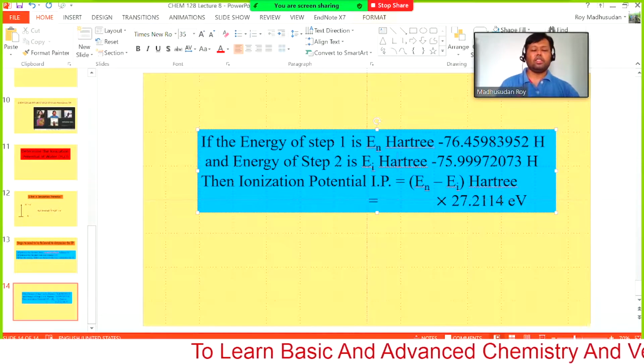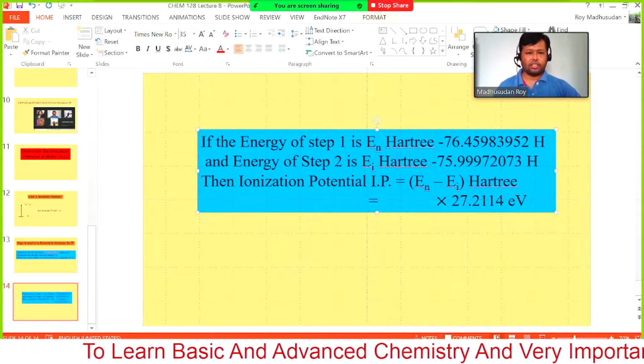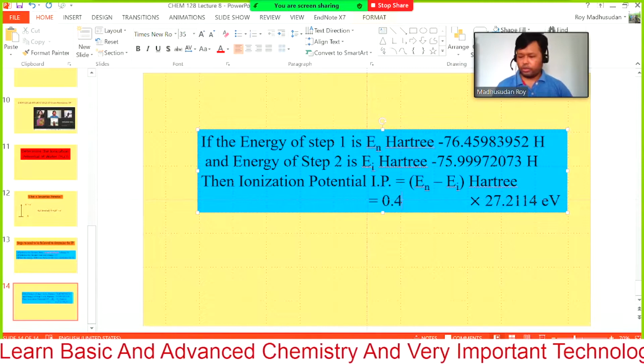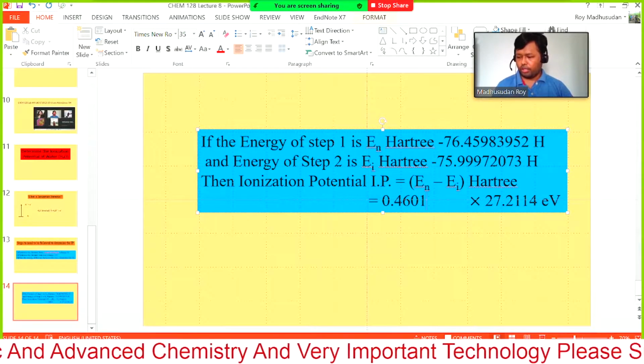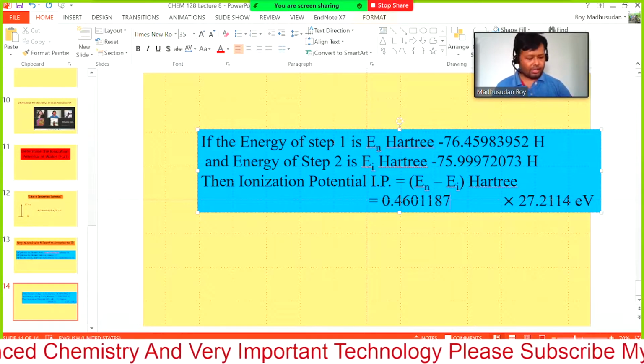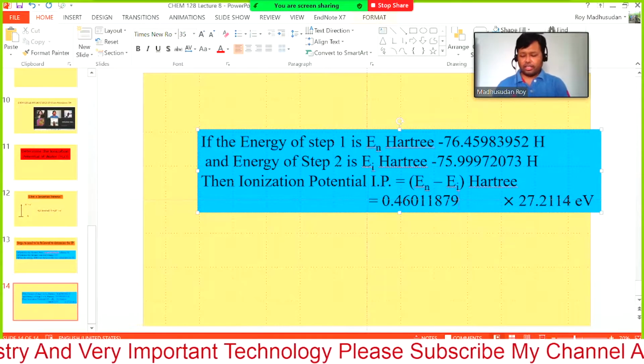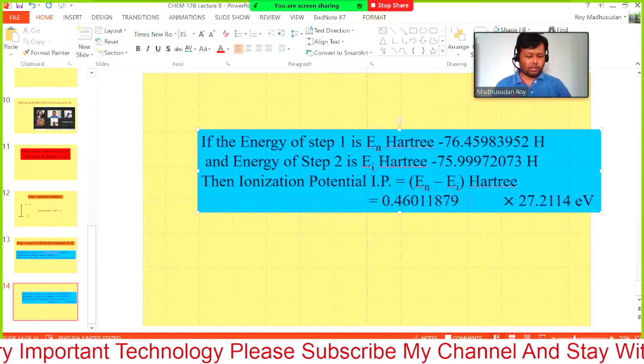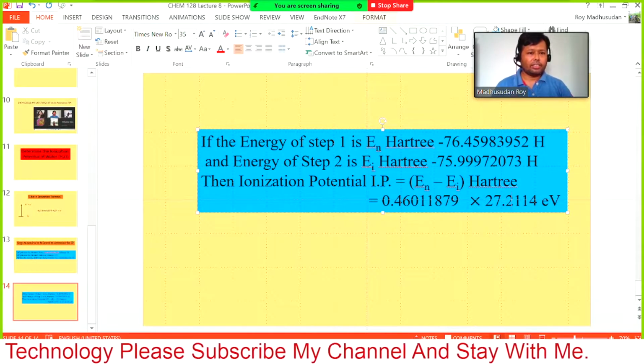So that is 0.46011879. That is in Hartree.